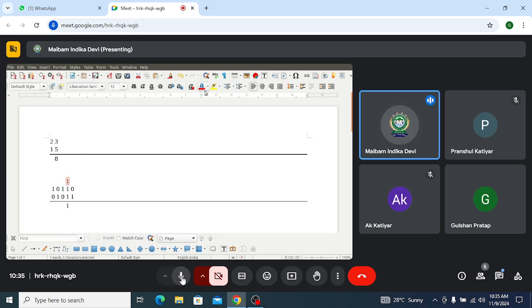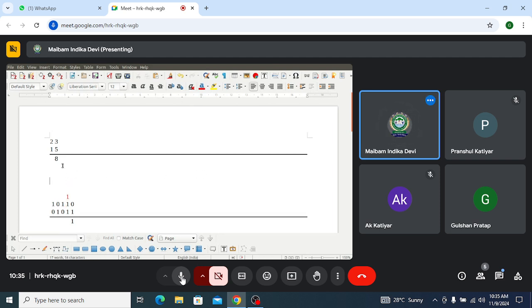This 1 is a borrow given back. So 0 minus 1, the answer is 1 for this one. Since you have borrowed out here, you will give back a 1 to the next higher bit. So there is a 1. So 1 minus 1 is 0.